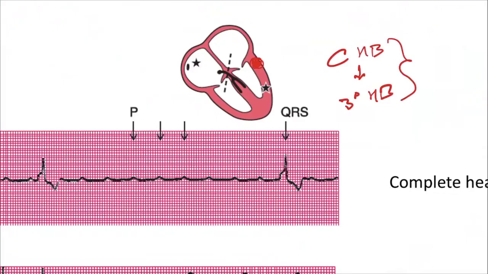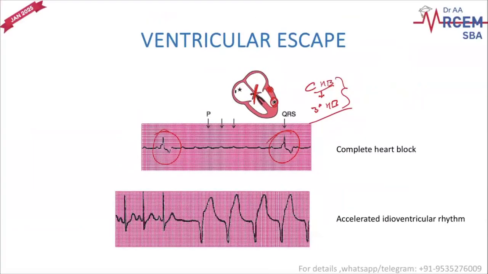Whenever there is a complete heart block, there is literally no electrical activity coming down the normal electrical pathway. Then the ventricle muscles will start generating the electrical activity. That QRS complex usually will look quite bizarre, commonly seen in a complete heart block or third degree heart block. There is no differentiation between the two.